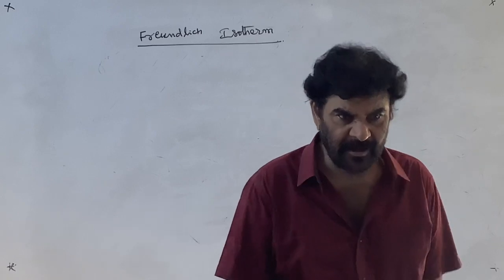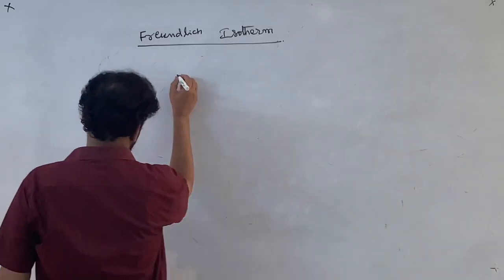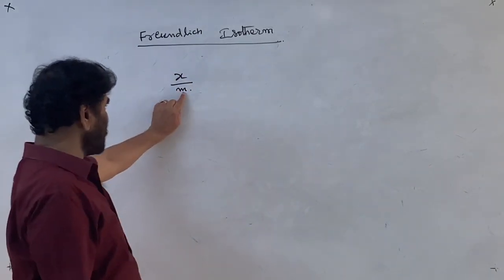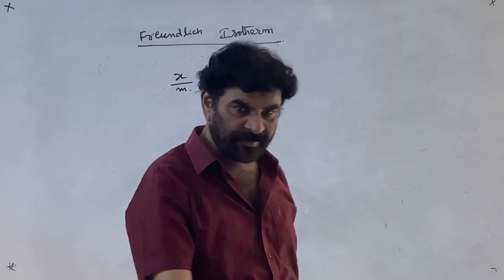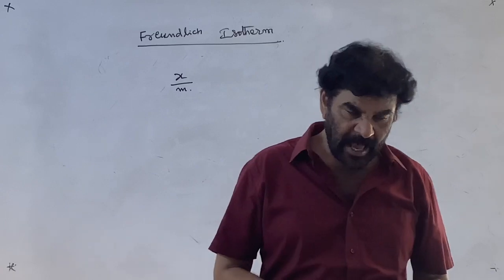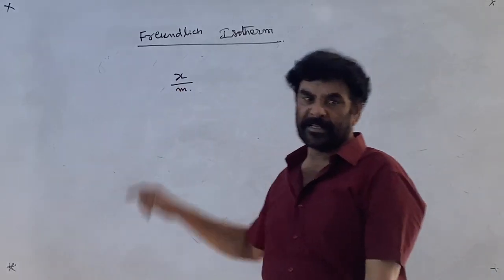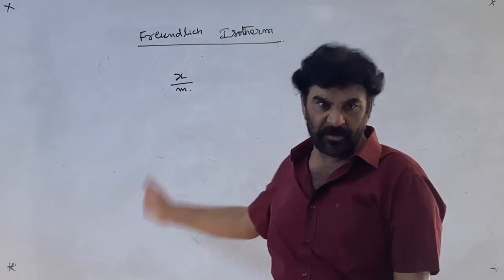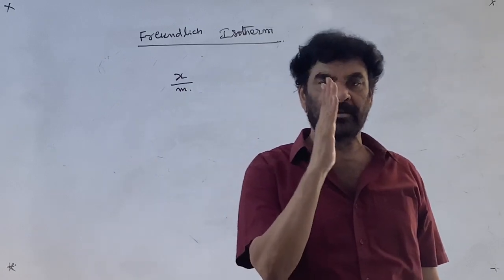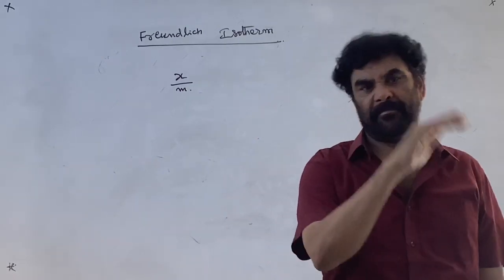That is denoted as x by m, where x is the mass of the gas adsorbed and m is the mass of the adsorbent used. The ratio gives the mass of gas adsorbed per gram of adsorbent, which is known as the extent of adsorption.